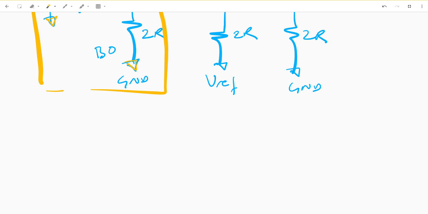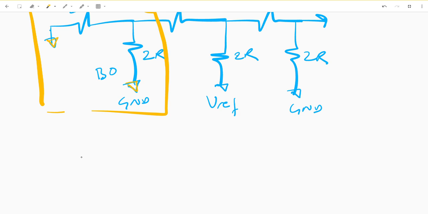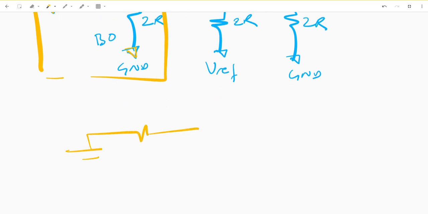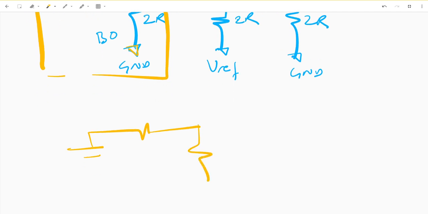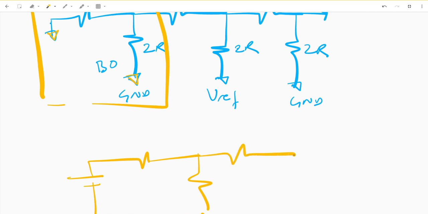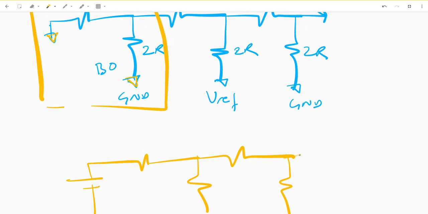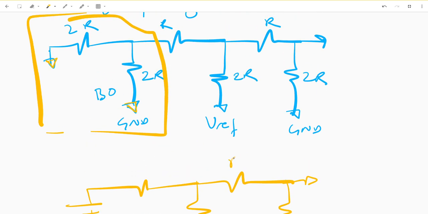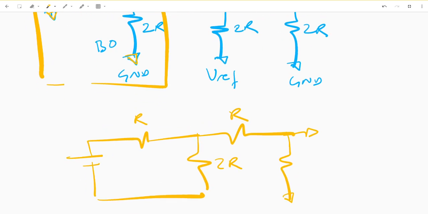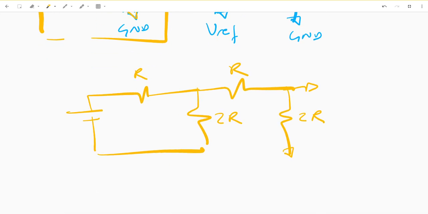So what we can do now is write our circuit as something that looks like this.